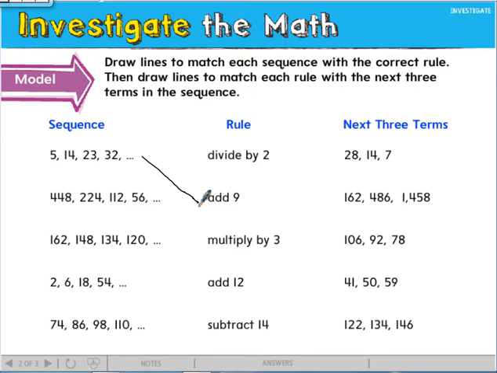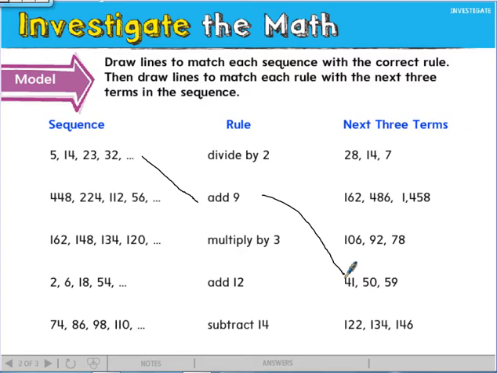So we're looking for 41, 50, and 59. So we have to draw a line to it. Okay? Our next one, 448, 224, 112, 56. We're going to find our rule first.